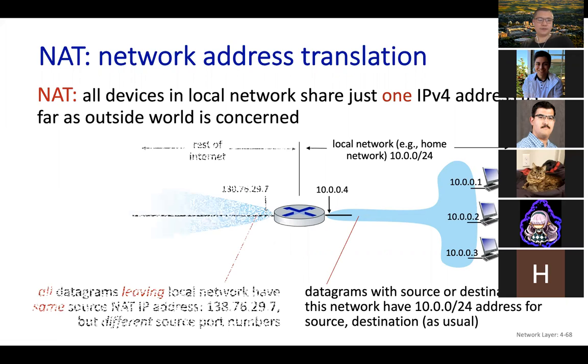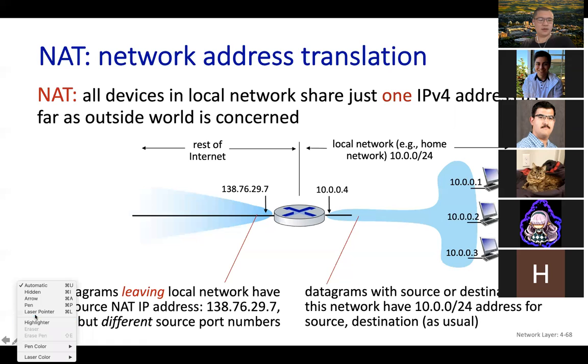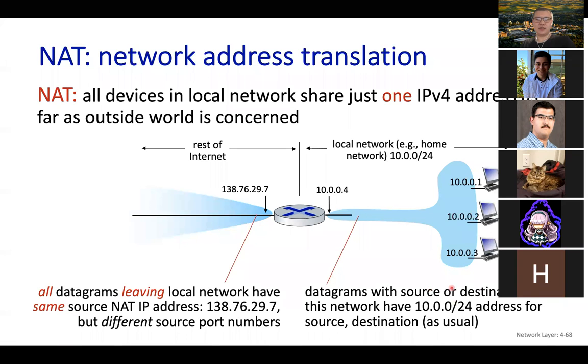Here is a diagram. Let me change the laser pointer. When you send something from the local network to the rest of the internet, your address needs to be translated here.